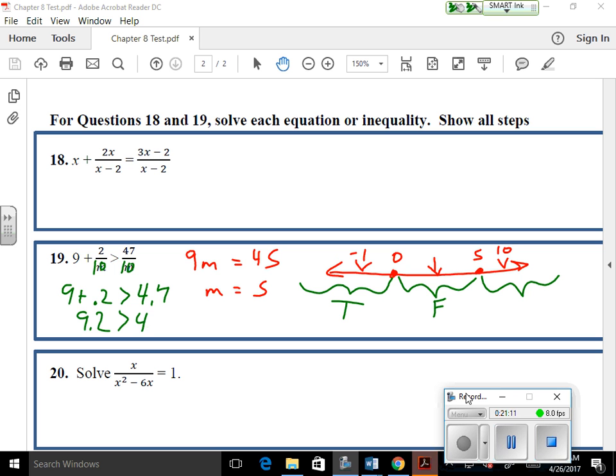Is that greater than 4.7? Yes. So that means my answer is going to be m needs to be less than 0 or m needs to be greater than 5.